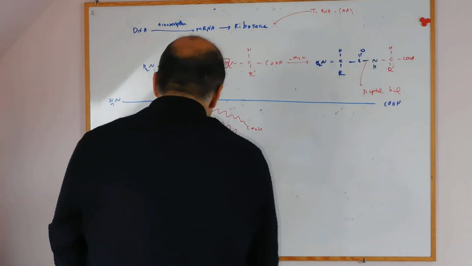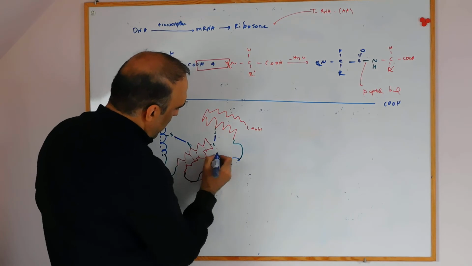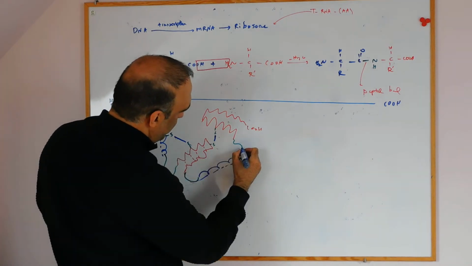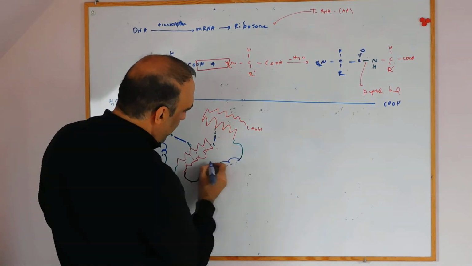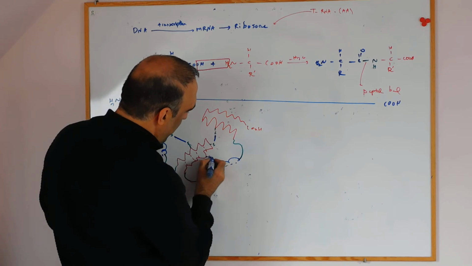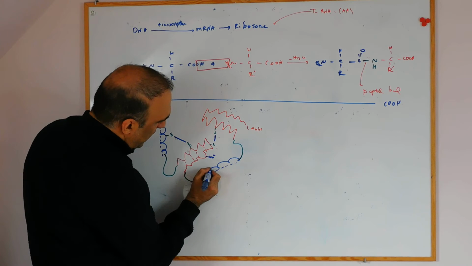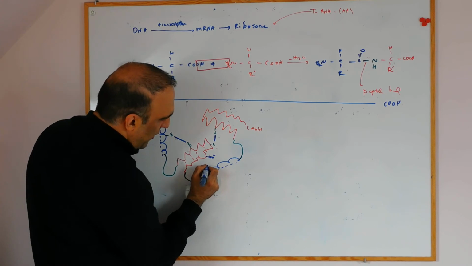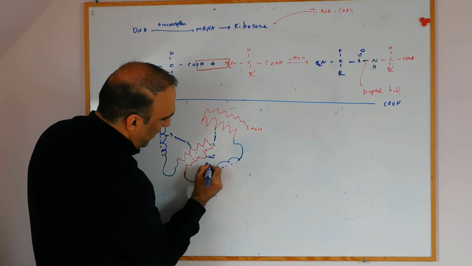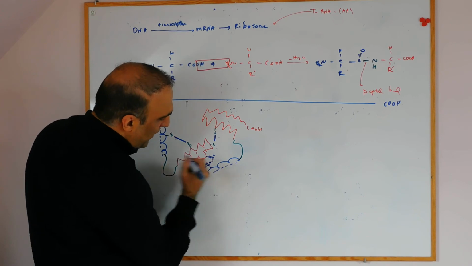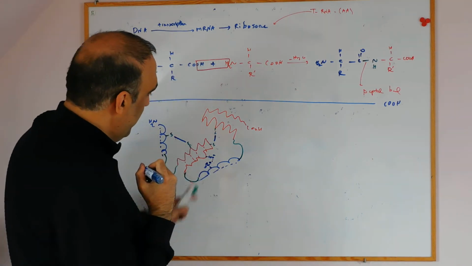For example, here I have aspartic acid, COOH, COO minus, and here I have a lysine, NH2, NH3 positive. Between them can be formation of the salt bridge.